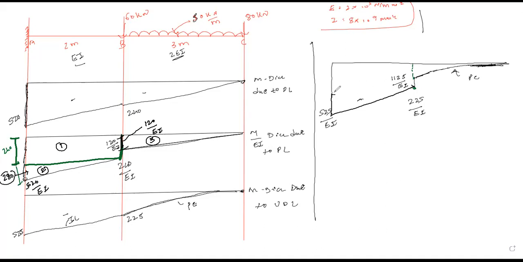Suppose you draw a straight horizontal line from here, then the lower part becomes a triangle and the upper part becomes a rectangle. So the value of the rectangle is 225. Yes or no? The value of the triangle is 525 minus 225, that is nothing but 300. Please confirm me. Is it okay, students? And this is your parabolic curve, and its value is nothing but 112.5.